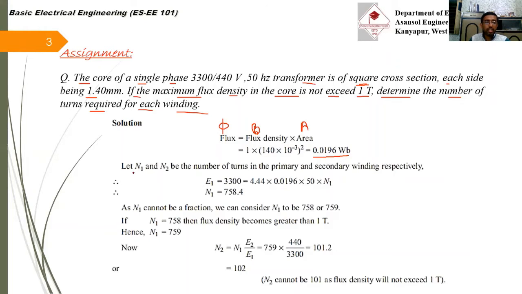Clear? Now let N1 and N2 be the number of turns in the primary and secondary winding respectively. So the E1 value is already given. This is your E1, this is our E2. This is our primary, this is secondary. Right.